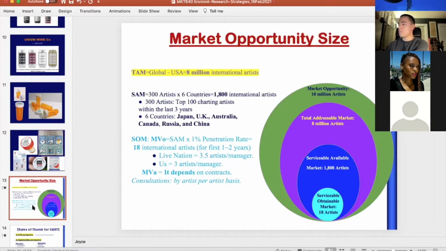Let's hear her plans. Let's hear her 4Ps. And it's based on people's 4Ps that we can guess if their objective to get 3% of penetration rate is possible.